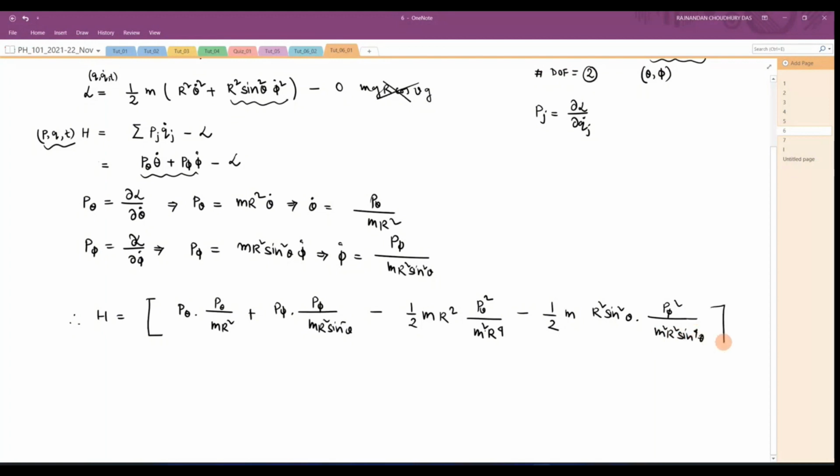You simplify this. Finally, your Hamiltonian will be p theta square plus p phi square by sin square theta, whole into 1 by 2 m r square.